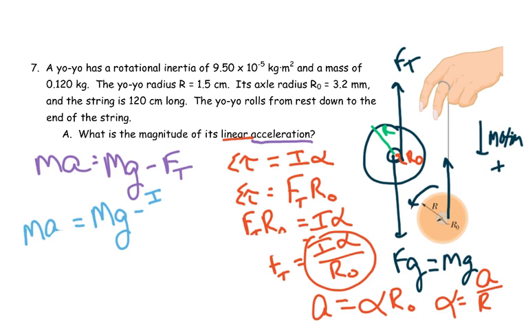It's not going to let me write it. It's too close to the arrow. All right, now I need to take that piece and put it in here. So what I end up with then is the linear acceleration over that radius squared.